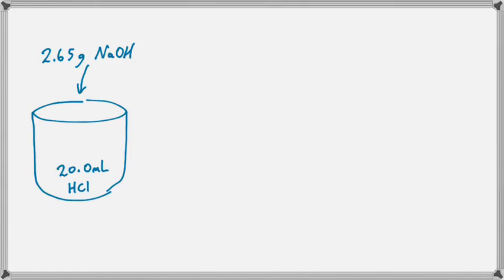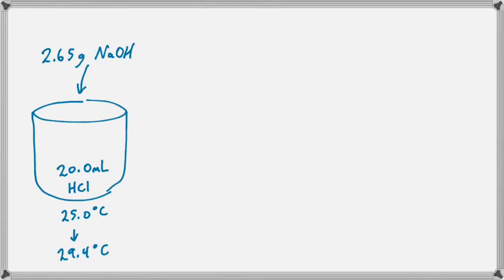The temperature of the solution goes from 25.0 degrees Celsius to 29.4 degrees Celsius. And they want to know the molar enthalpy of neutralization for NaOH. So their molar enthalpy, they're looking for delta HM.